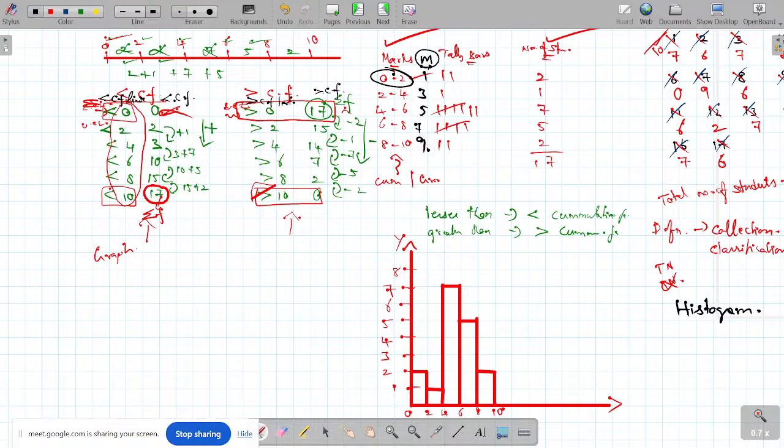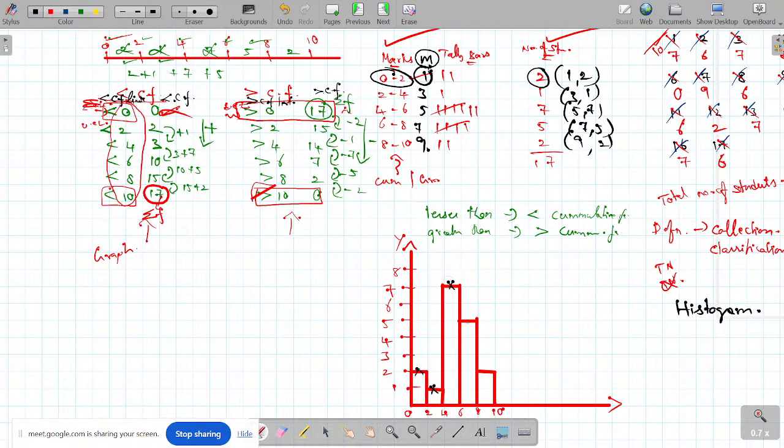So for this one, I take it as x and y coordinates. See, we write like this, right? 1 comma 2. Okay, and this is 3 comma 1, and this is 5 comma 7, 7 comma 5, and 9 comma 2. So first one is 1 comma 2. This is the point. Then 3 comma 1, it's this point.